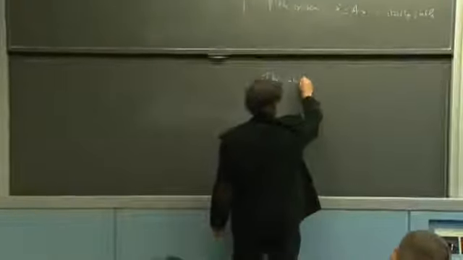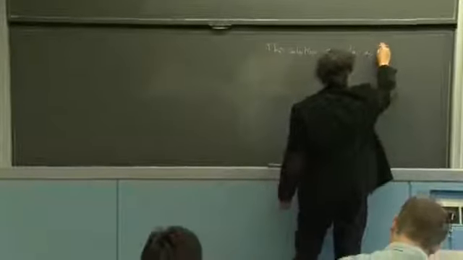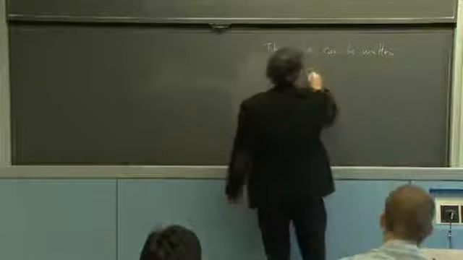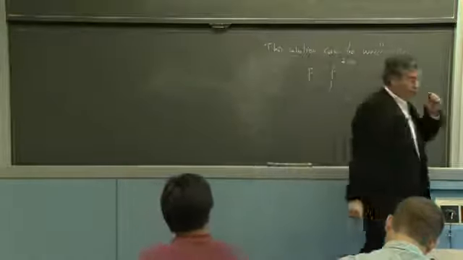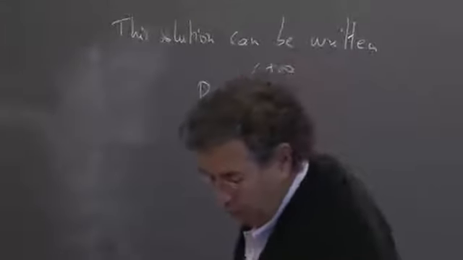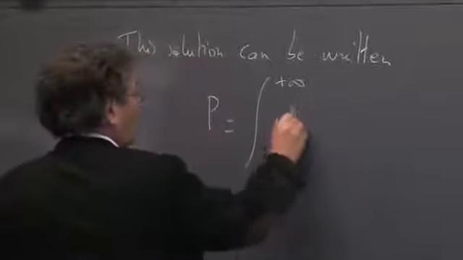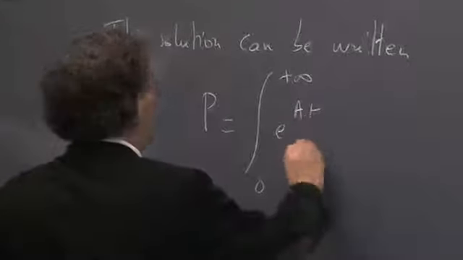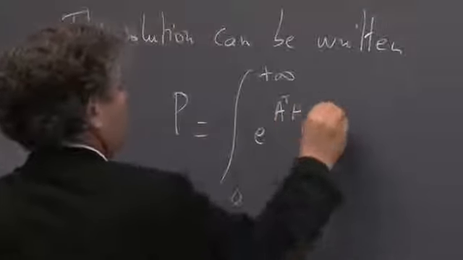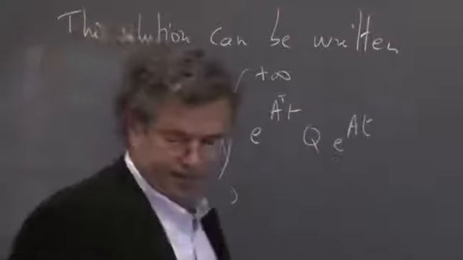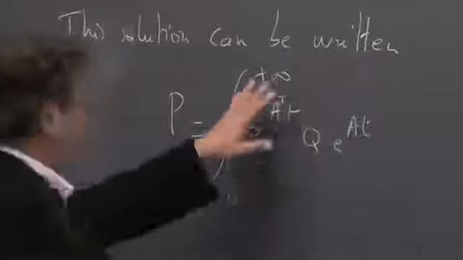This solution can be written P equals the integral from 0 to infinity of e to the A transpose t, times Q, times e to the At. So this is a matrix exponential.